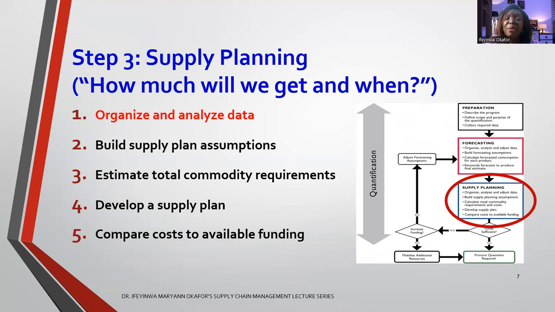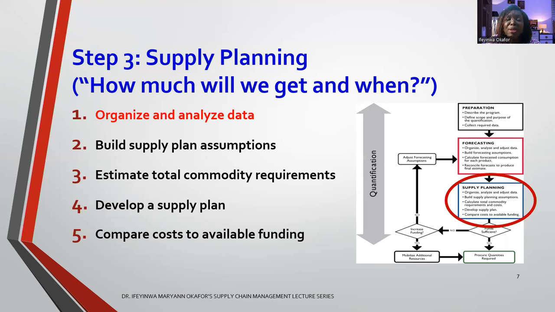Now, there are 5 steps that are involved in supply planning. They are organize and analyze data. This is similar with the first step in forecasting, but the data we use at each step is slightly different.